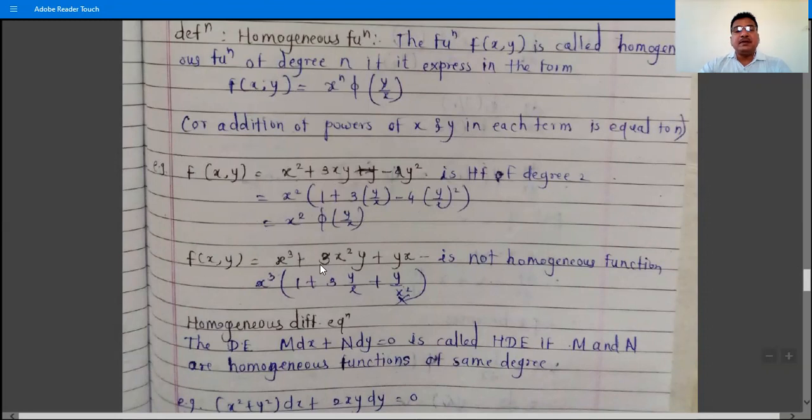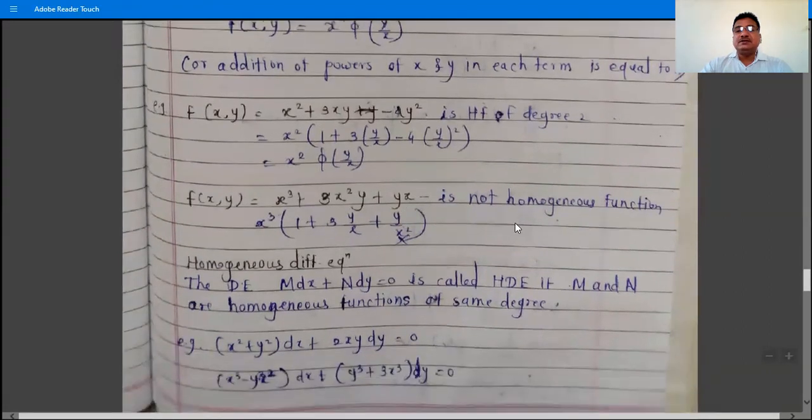Similarly, in the next example, f(x,y) = x³ + 3x²y + xy is not a homogeneous function. Why is it not homogeneous? Because there are three terms, and if you observe the addition of powers of x and y in each term, for the first term it is 3. For the second term, x raised to 2 and y raised to 1, that is 2 plus 1 is 3.